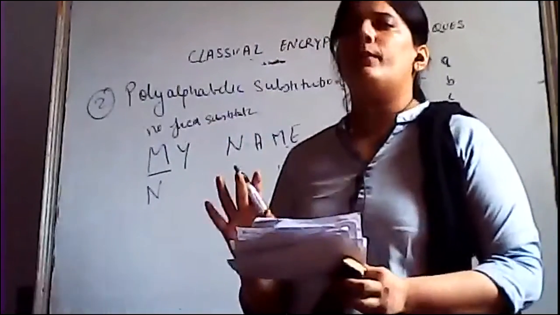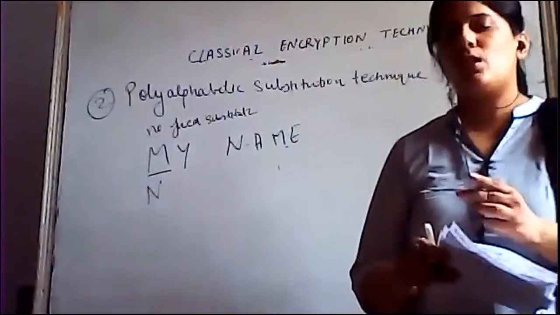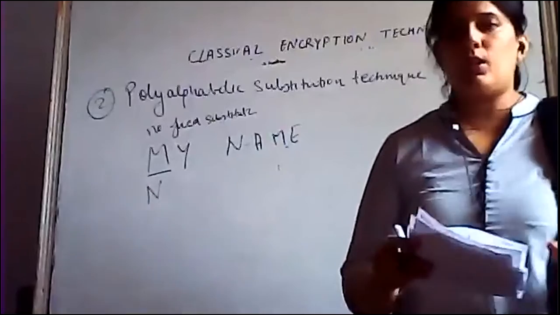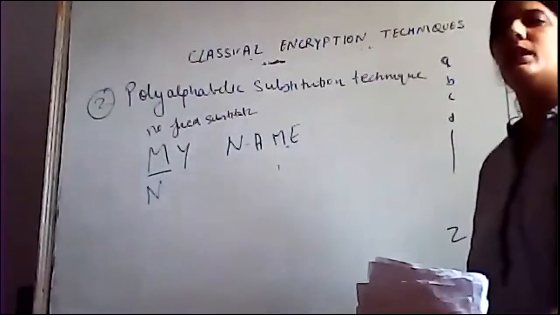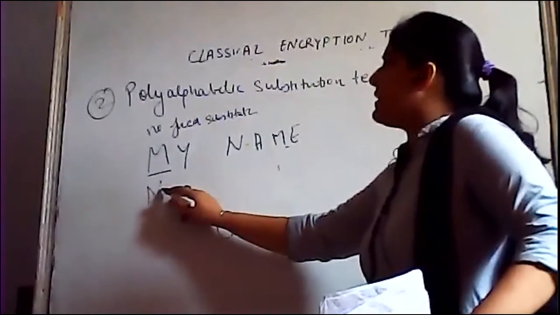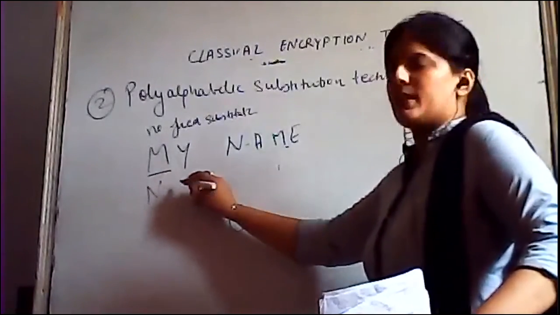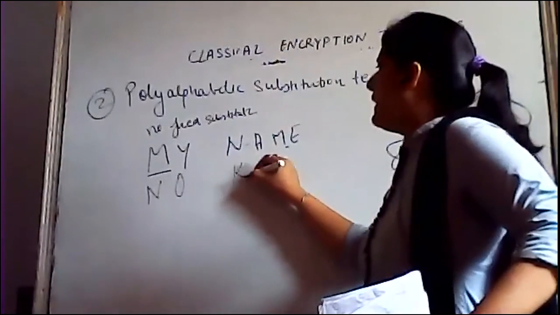I think many times you have heard this term polymers and all that. Polymers is a combination or arrangement of many similar things. Similarly, you can represent that m with o and n with, we can say, k.